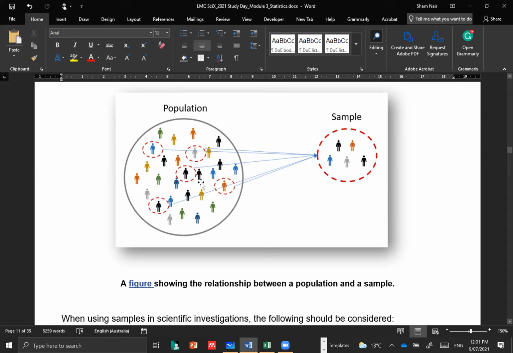Your sample is always drawn from the population, so your sample is always smaller. What we're trying to do in inferential statistics, remember the second category, is analyze samples and make inferences about the population. Currently, with the COVID pandemic, we have all these companies developing various vaccines.